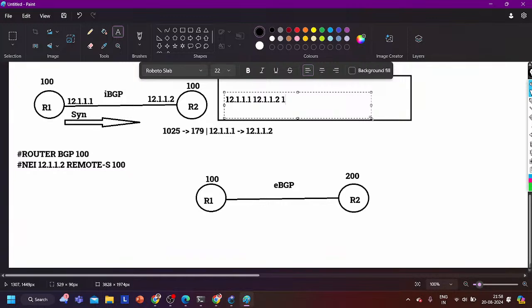Source port number 179, my port number; the port number of 12.1.1.1 is 1025 and my port number is 179. And then the status will be not established now.